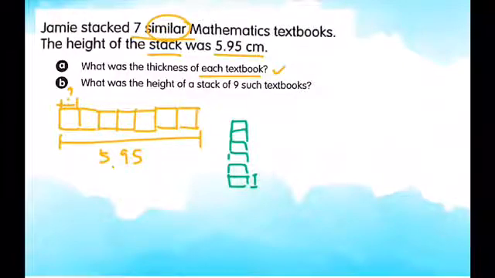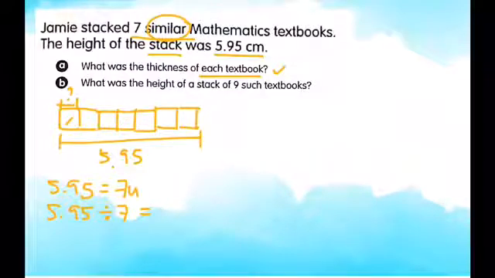We know that 5.95 is equivalent to 7 units. In order for me to get 1 unit, I would need to divide 5.95 by 7 to get 1 unit.